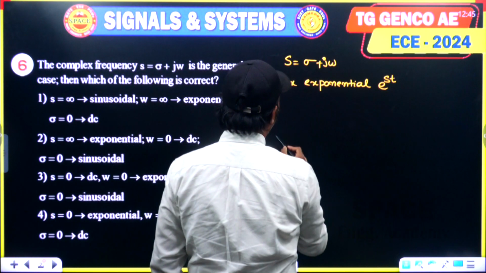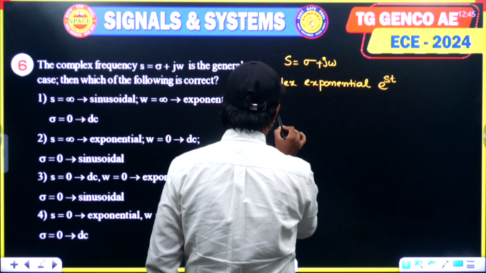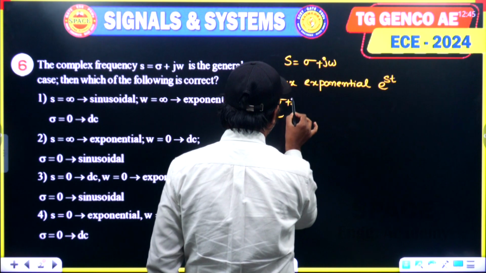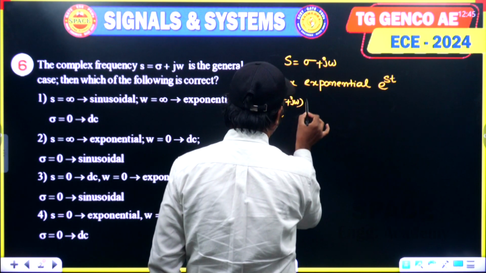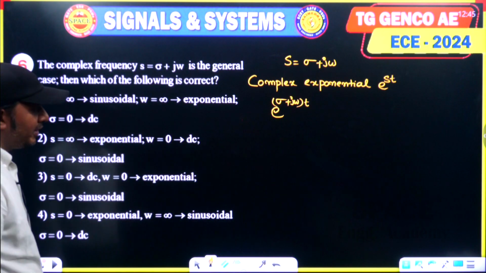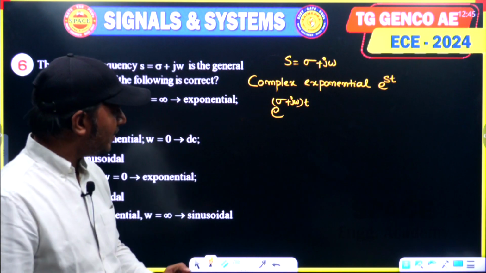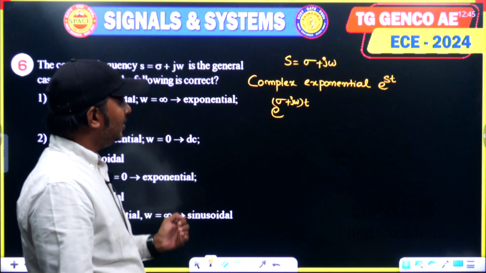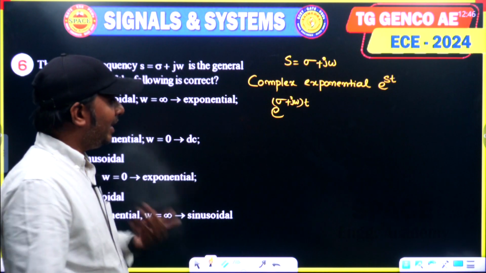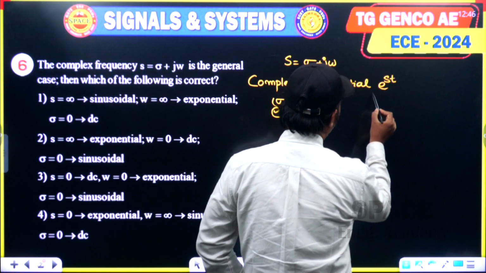S is equal to sigma plus j omega. So what happens if I substitute the S value here? My complex exponential becomes e power sigma plus j omega into t. Now observe here. Here we will see what happens if sigma is 0, what happens if omega is 0, and what happens if S is 0.